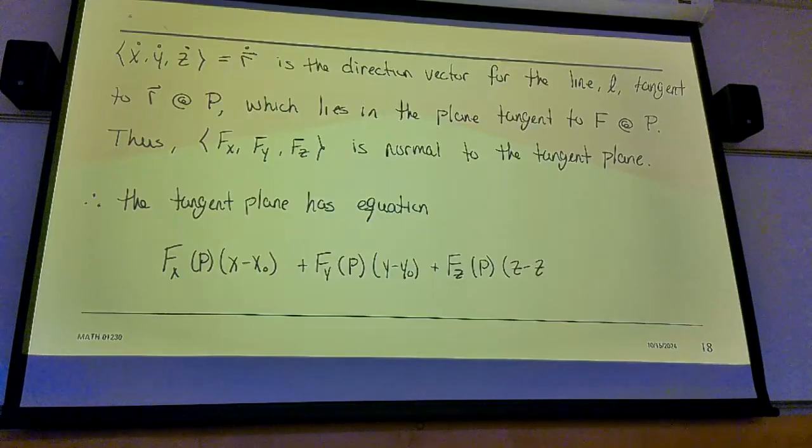Standard form: a times x minus x naught plus b times y minus y naught plus c times z minus z naught equals 0. Oh. Which is what we wanted.